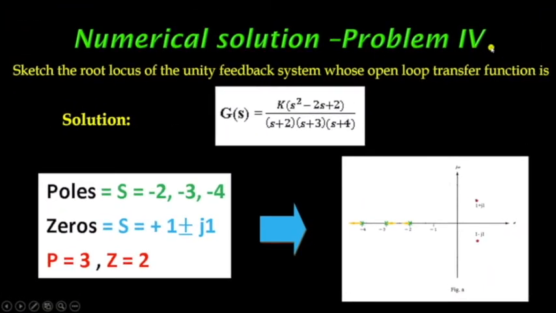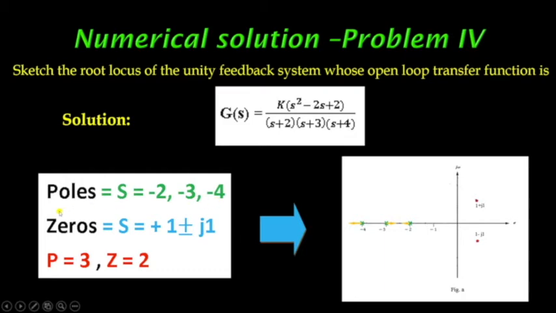Numerical solution problem 4. The root locus of a unity feedback system whose open loop transfer function is G(s) equal to k into s square minus 2s plus 2 divided by s plus 2 into s plus 3 into s plus 4. Then denominator equal to 0, we find poles at -2, -3, -4.